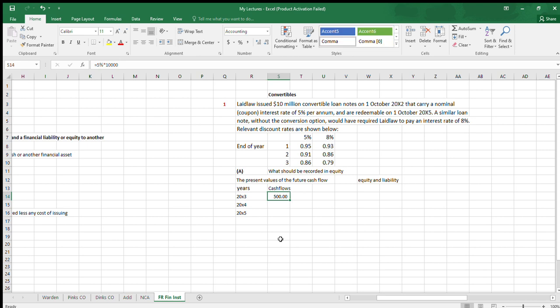So at the end of year 1, there was a 500. At the end of year 2, there will be an interest of another 500. But at the end of year 3, where the person is to recover all the convertible loans, is the 10 million, that's the 10,000 plus 500.